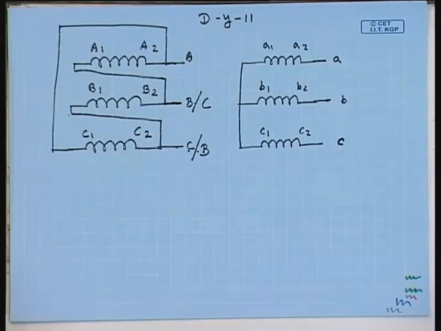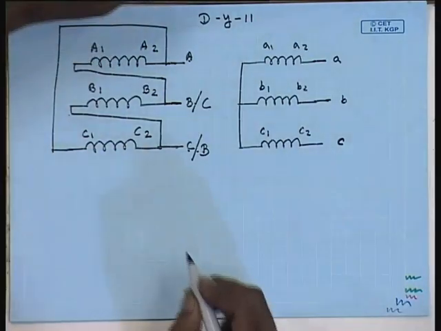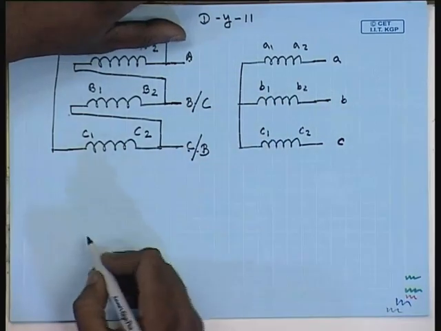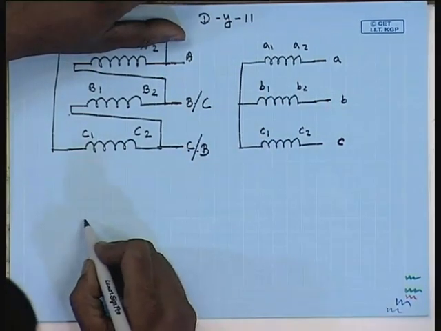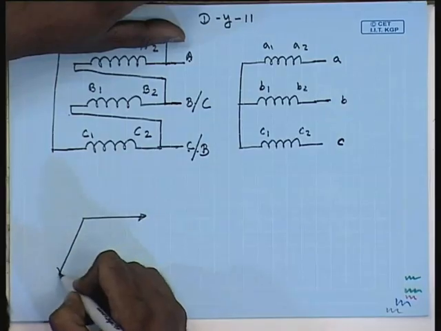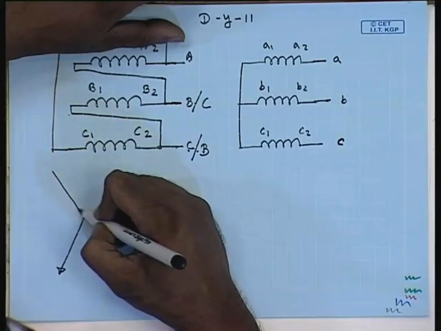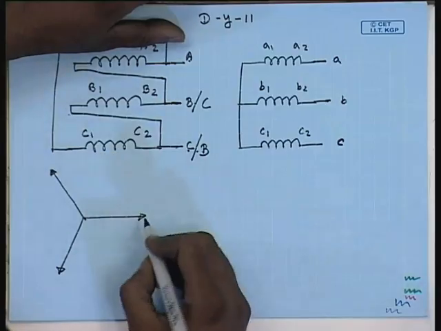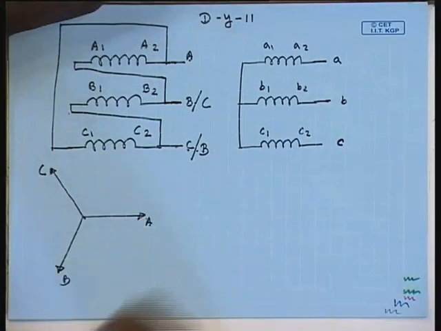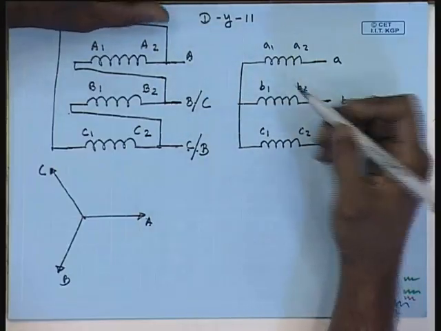So, what is the winding voltage now? This supply phase sequence is ABC. This is A, this is B, this is C. If we interchange, then what happens?